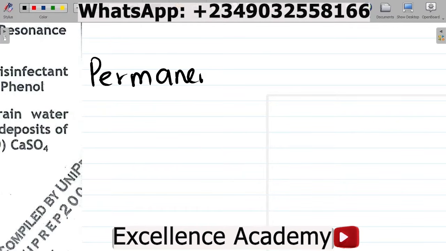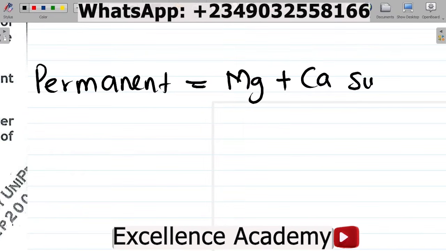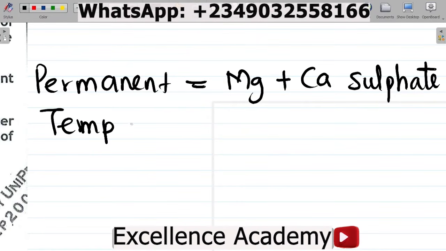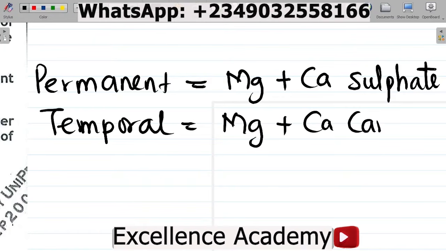permanent hardness is caused by the presence of magnesium and calcium sulfate, all right, calcium sulfate. Meanwhile, temporary hardness of water is caused by the presence of magnesium and calcium carbonate, right?